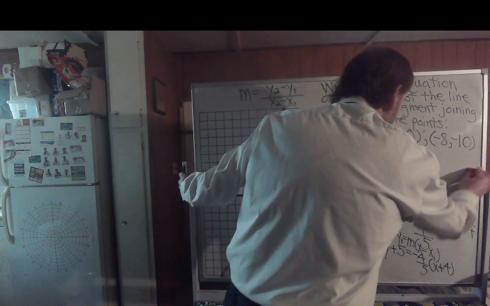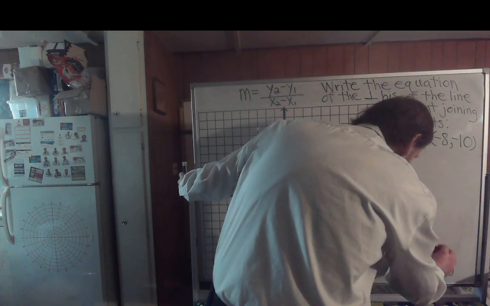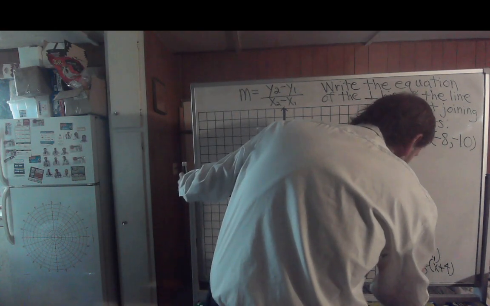I think we can go ahead here now and erase some of this so we don't run out of room to work. We know the slope's -4/5. I just gave the point slope form of an equation.